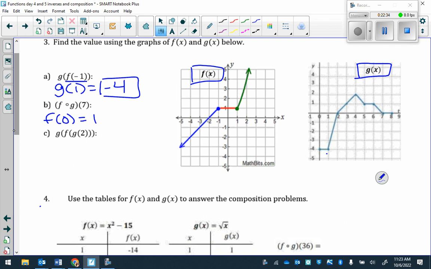G of 2 is 0. Then we find F of 0, 1. Then what do we do? Which is? That's your answer. Okay? So you could see these as well. Okay? Multiple compositions happening. All right? On that note, go to lunch.